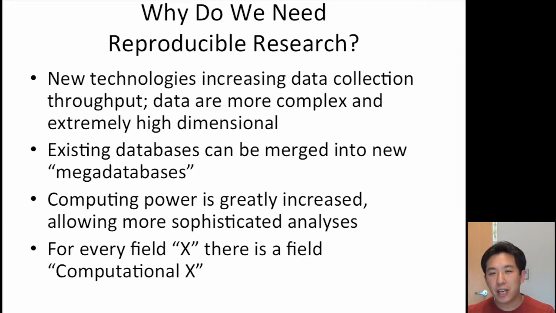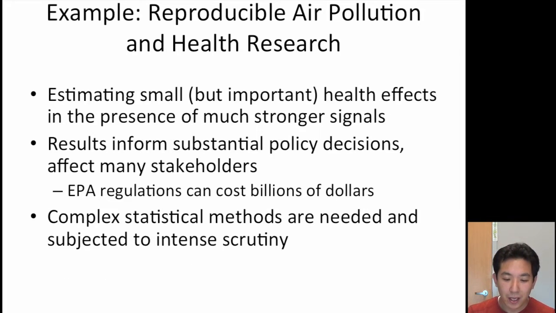So understanding what someone did in an analysis of data will require looking at code, looking at the computer programs that people used. And so the bottom line with all these different trends is that for every field X, there is now computational X. There's computational biology, there's computational astronomy, computational whatever it is you want, there is a computational version of it.